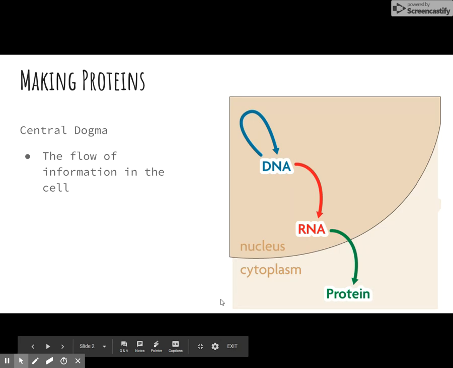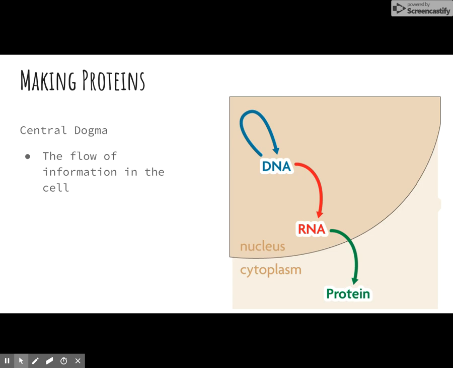So the founding principle that defines making a protein is what we call the central dogma. The central dogma is the flow of information in the cell. So we have information stored in our DNA about what our cells should look like.